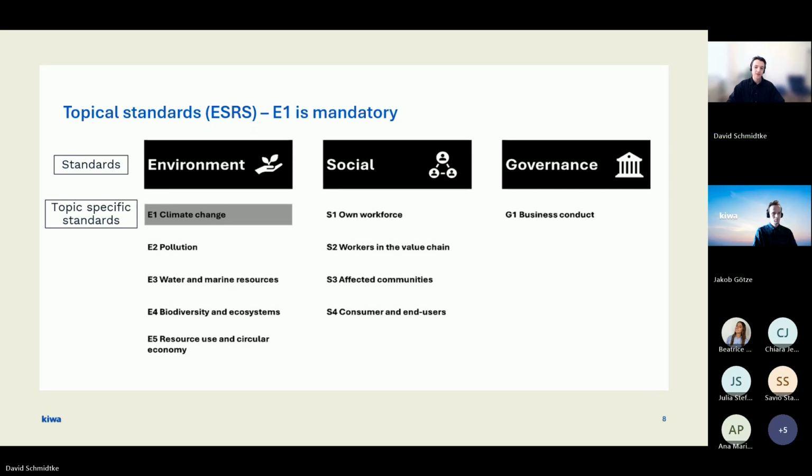In this ESRS, the only mandatory standard is the E1, which is climate change, as you can see here, meaning that in the scope of the ESRS and the CSRD, climate change, so the CCF, is the only actually mandatory standard. So yeah, it is highly important.